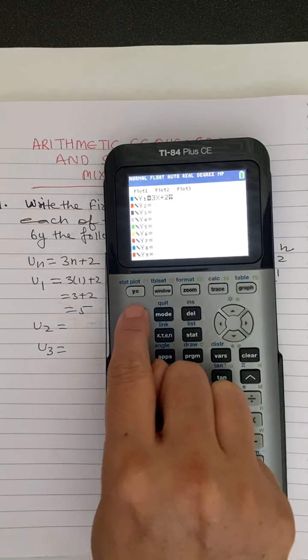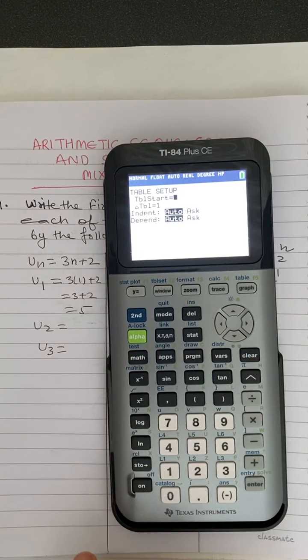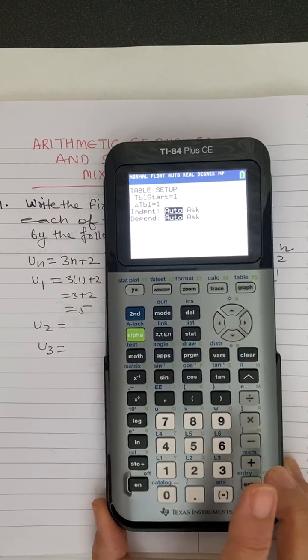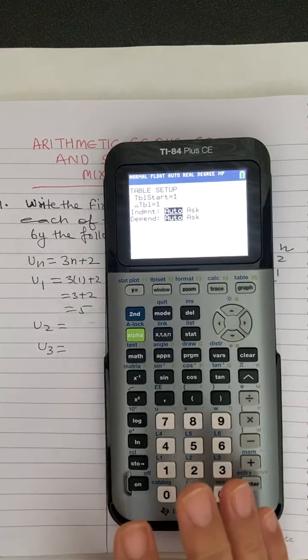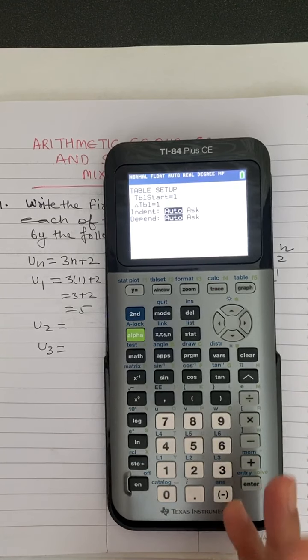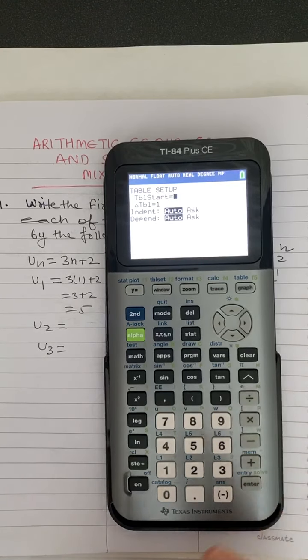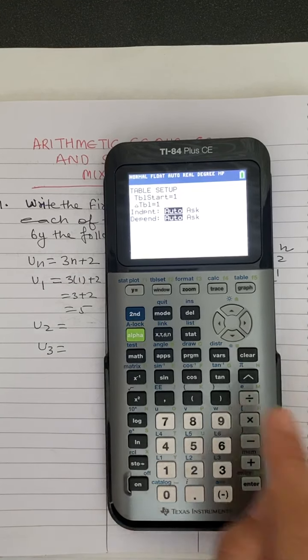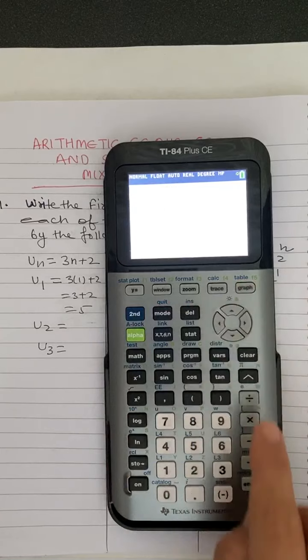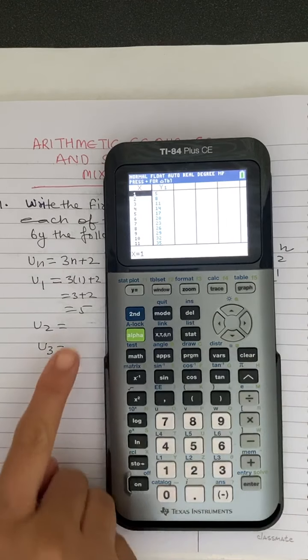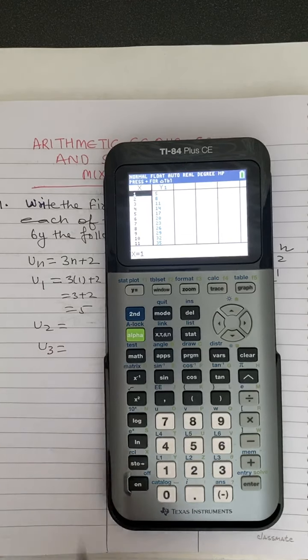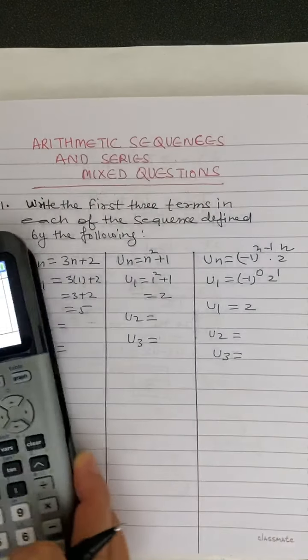And then you go to second window, which is your table set. Make sure that, because we want the first three terms, if they ask you to find the 10th term, then your table start should be at 10. But here they ask you to find the first three terms, so your table starts at 1. Now we go to second table and you can see the first value is 5. This is what we got here. The second value will be 8 and the third will be 11.